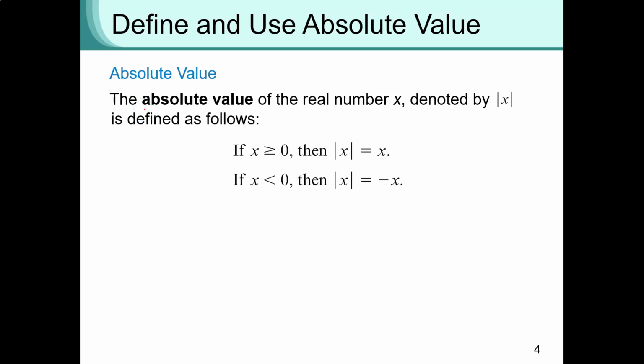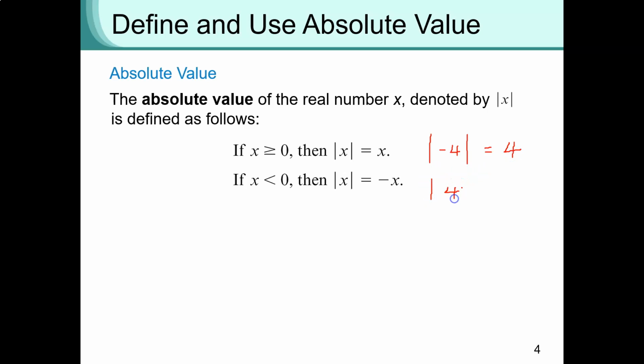The absolute value of the real number x, we use a pair of bars to cover the x term. So the idea is, when I have the absolute value, for example, negative 4 inside of the absolute value, when I remove the bar, it will turn to a positive 4.